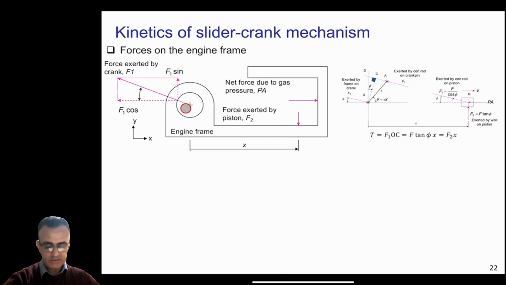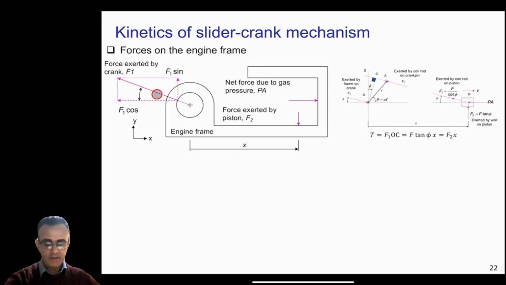And as you can see here at this point, this F1 was the force of the frame, which was exerted on the crank. So a similar force will be exerted by the crank on the frame here. So this F1 is the force of the crank on the frame, which is opposite to this force here.